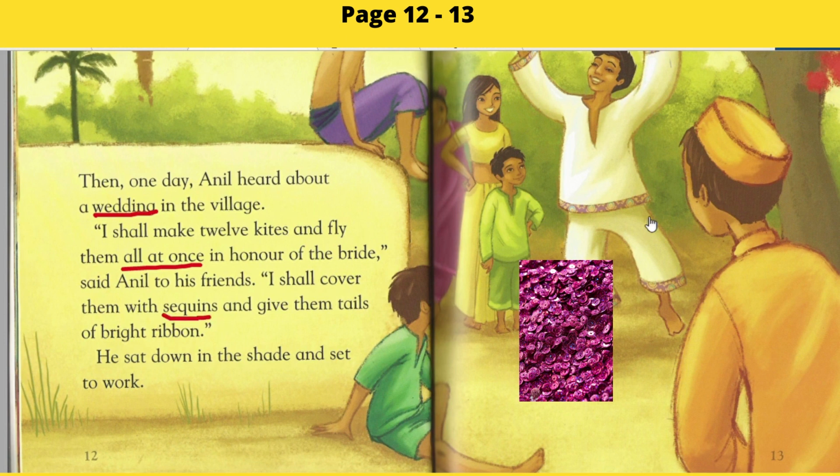Kalau pernah tengok baju yang ada labuci kan, dia letak jarum dekat lubang ni, lepas tu dijahit banyak-banyak, and lot of labuci sequins ni dia berkilat. And give them tails, dan dia akan letak tails, ekor kepada layang-layang dia ni. Dan ekor dia ni diperbuat daripada ribbon yang berwarna-warni terang. He sat down, dia duduk di bawah teduhan, biasanya bawah pokok, and mula bekerja.